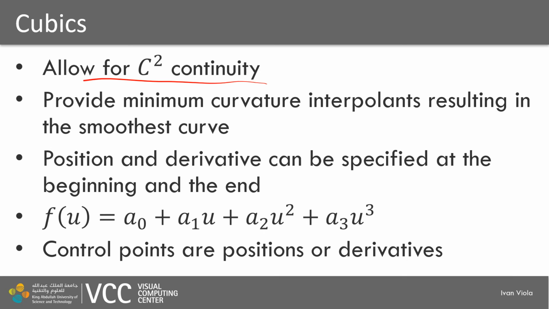They offer C2 continuity, which means that they are already applicable for applications which involve time. And they also still provide minimum curvature interpolants. So they are not overshooting and creating too complex curves, so to say.